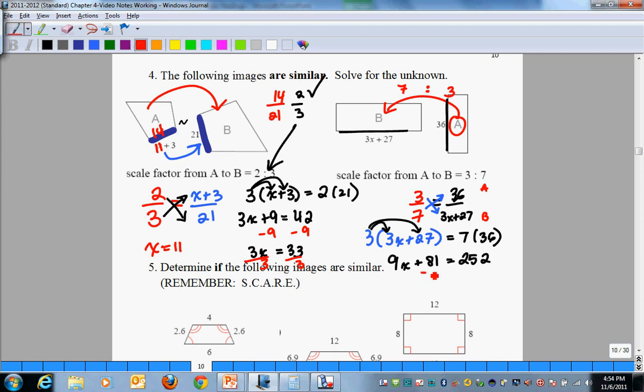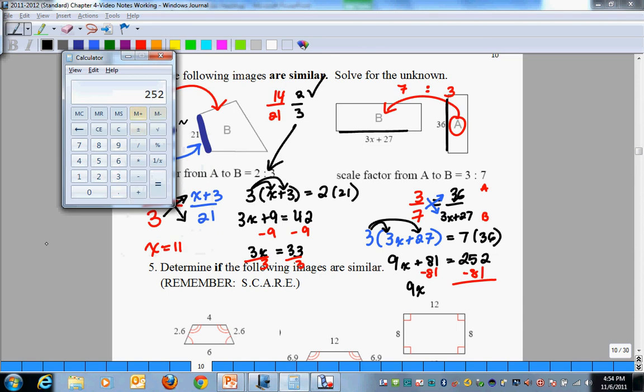We're going to minus 81 both sides. We're going to end up with 9x equals 171. Divided by 9, and we get 19.